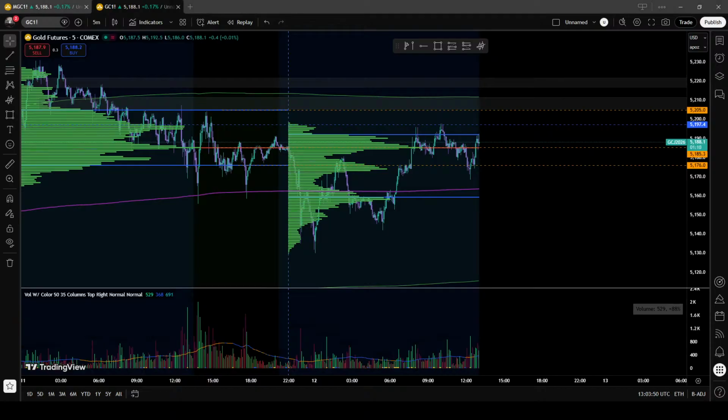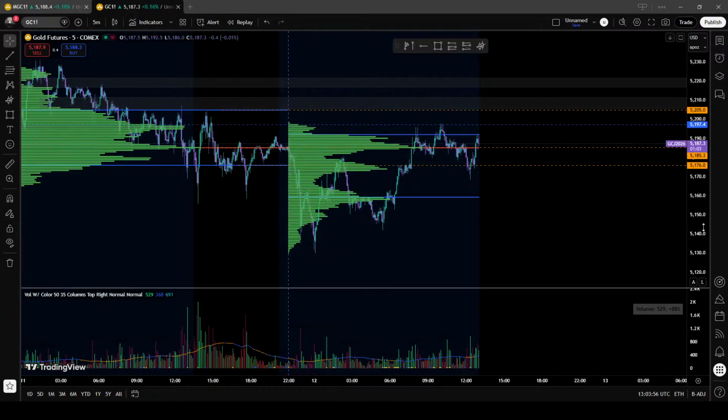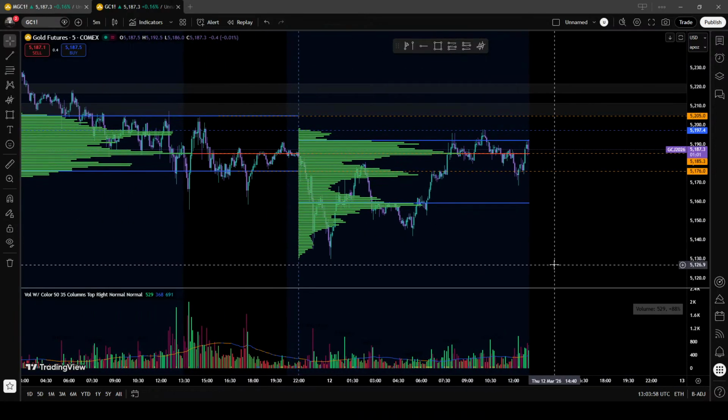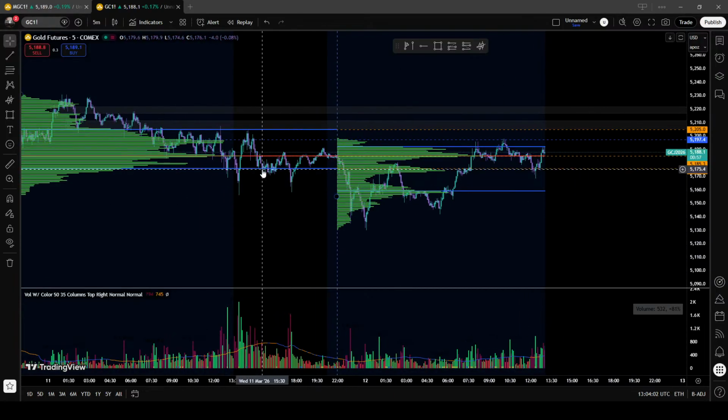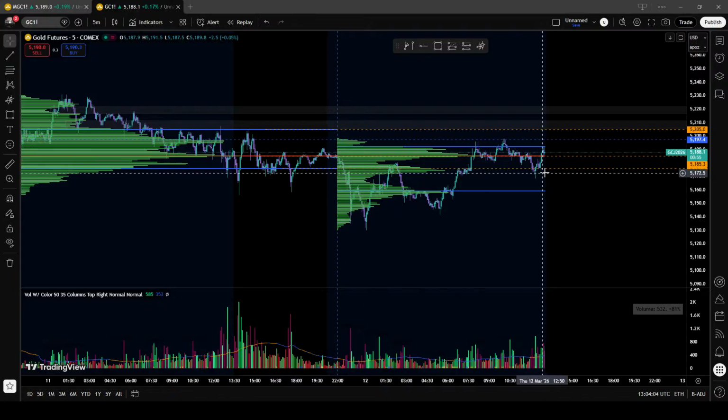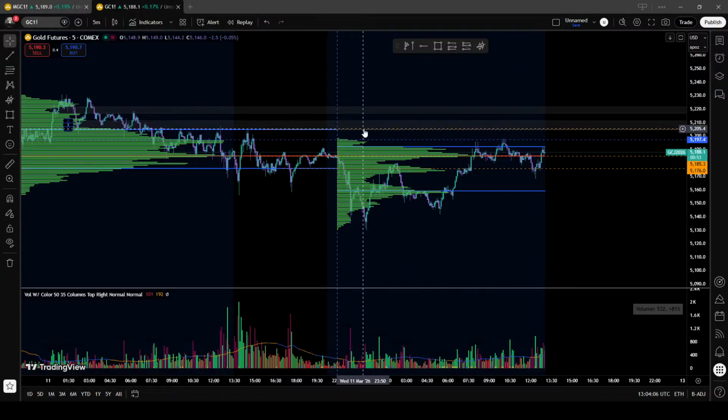So, let's see what's going on. Let's create a picture of what's going on over here. So, here's the previous day's value area low, POC, and value area high.